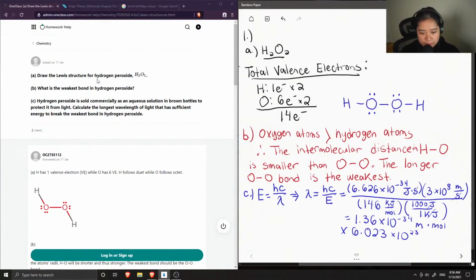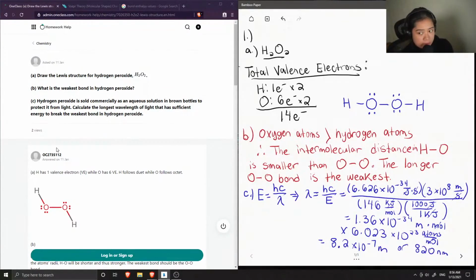So let me just write mole in. And the units for Avogadro's number, I'm just going to say atoms per mole. And now our units for moles will cancel out. And then we have our answer in meters, which is 8.2 times 10 to the negative 7 meters. And if we converted this to nanometers, then it would be the same as 820 nanometers.